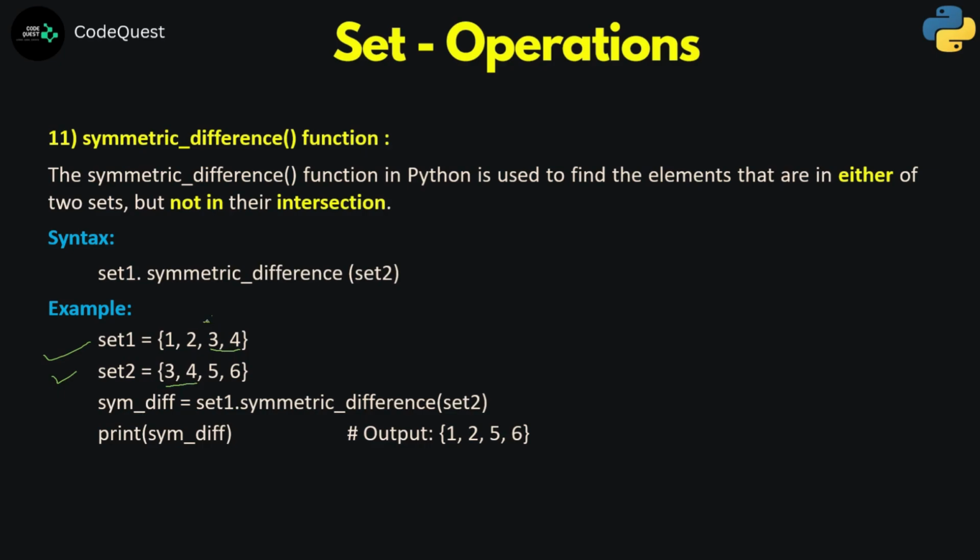So excluding these elements, whatever elements we have left in either set 1 or set 2 together, they are nothing but the resultant of your symmetric difference. So when I'm going to print this value, symmetric difference, I'm going to get 1, 2, 5, 6, where 1, 2 were part of your set 1, 5 and 6 are part of your set 2.